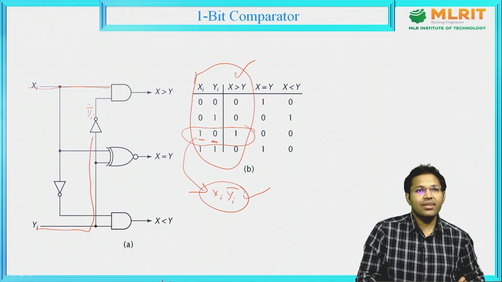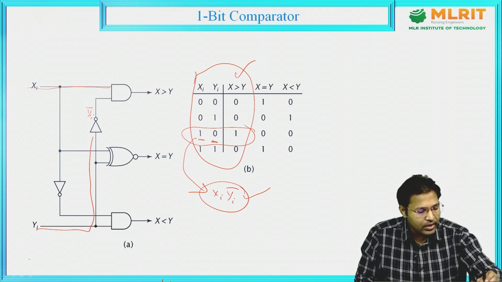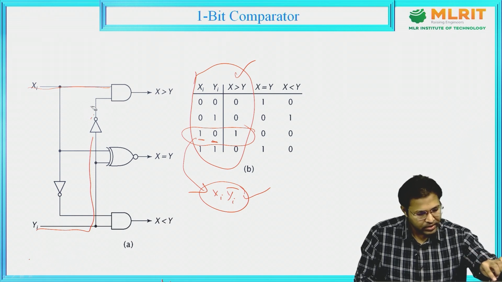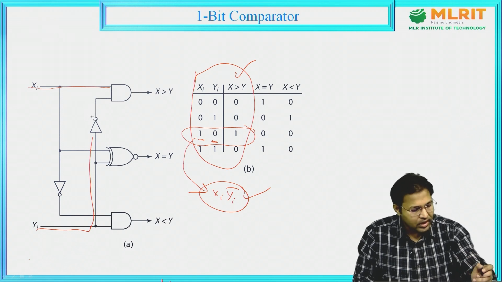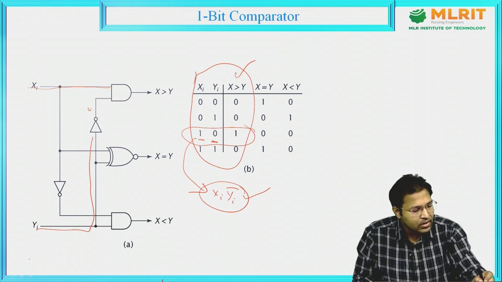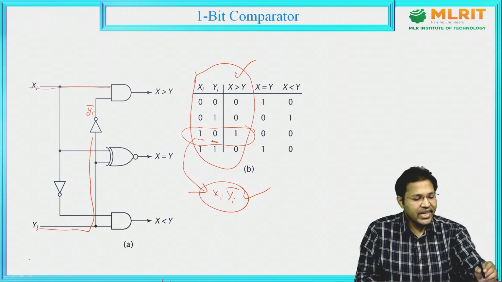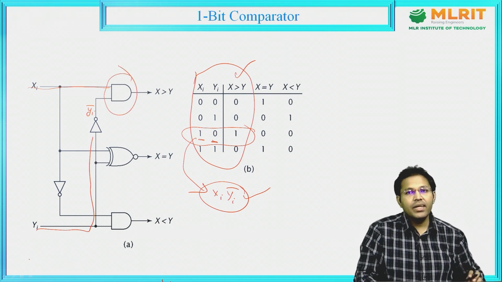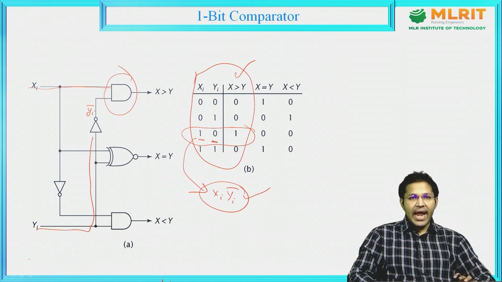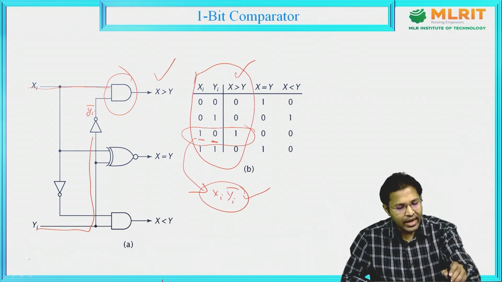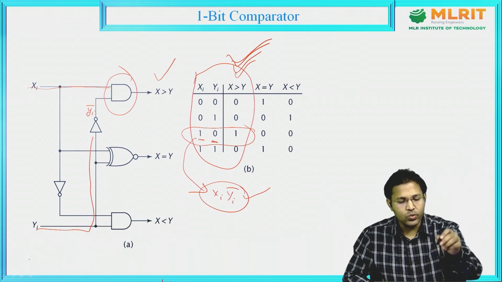In this manner we have got the yi bar. So xi into yi, multiplication, is done by an AND gate. The output of the AND gate will give this, and that is what we were trying to do.